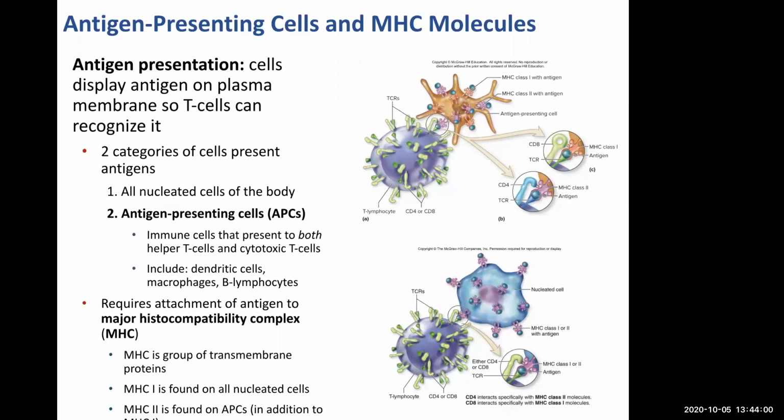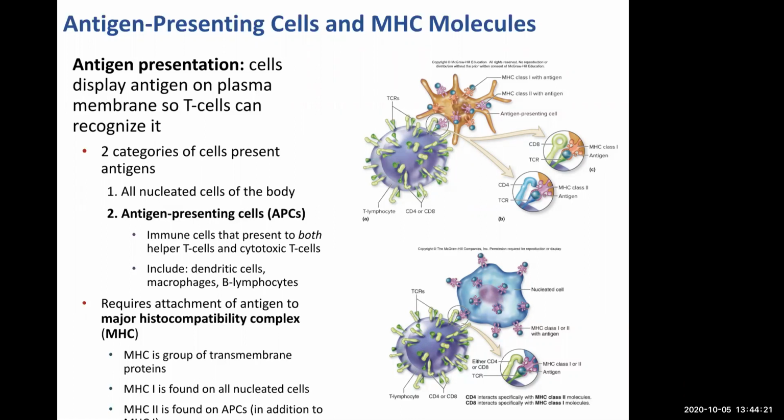And what MHC1 does, again found on the surface of all nucleated cells of your body, is it processes and then presents proteins or fragments that come from inside the cell.